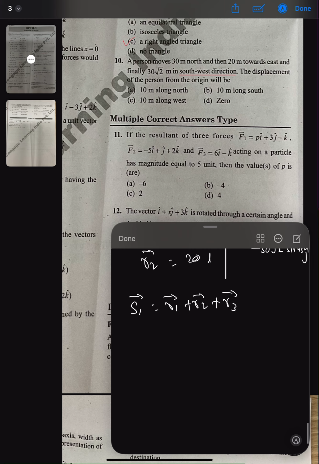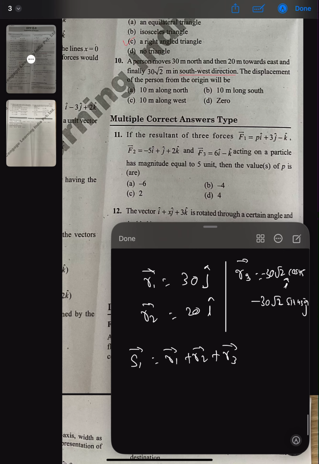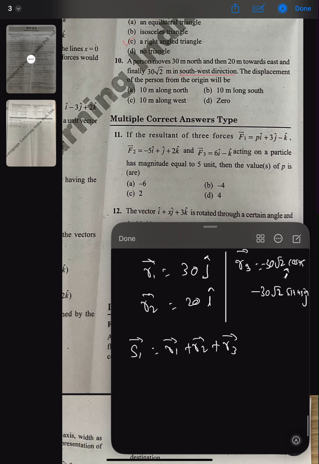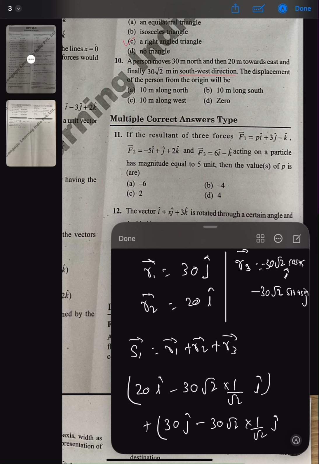So it will be 20 i cap minus 30 root 2 into 1 upon root 2 i cap, plus 30 j cap minus 30 root 2 into 1 upon root 2 j cap.